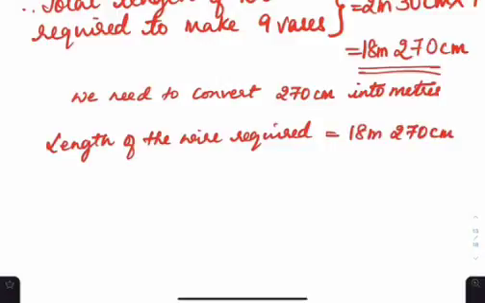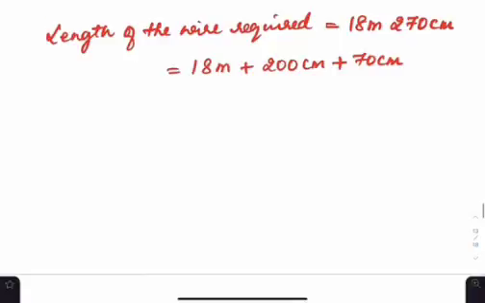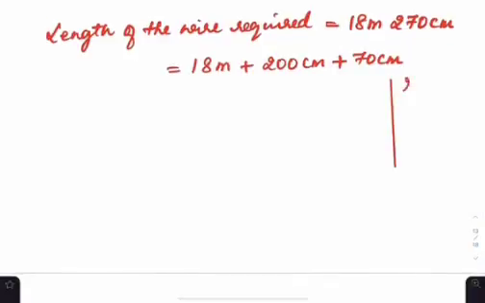Now 18 meters 270 centimeters can be written as 18 meters plus 200 centimeters plus 70 centimeters. Am I right? Yes, we can write like this, correct? Now, if I write like that, what does that mean? So 200 centimeters can be written as 2 meters.